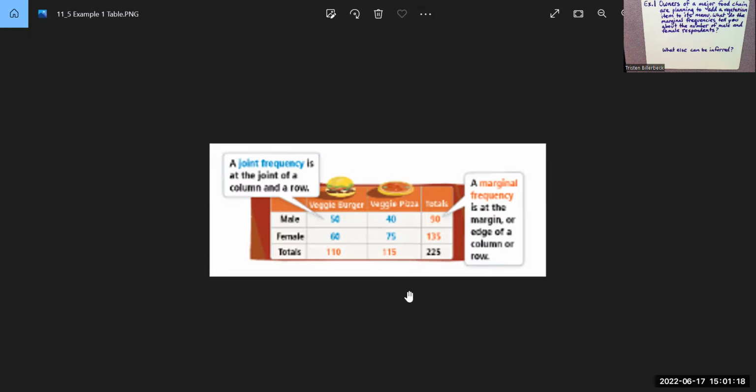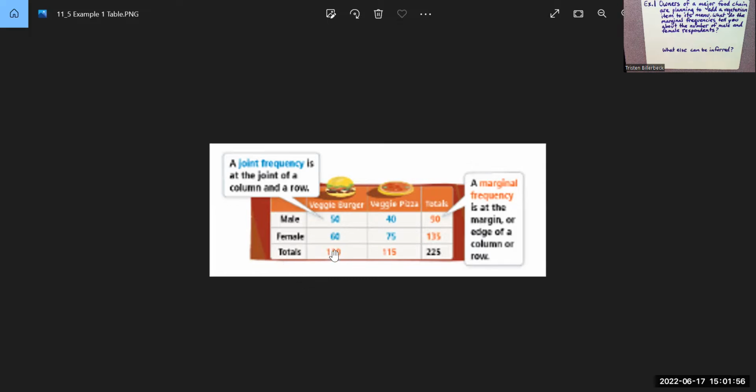So this tells us about the number of male and female respondents: we have 90 male respondents and 135 female respondents out of 225 respondents. So in this survey frequency chart, we see more women were surveyed than men, which is a little bit biased, so we should have done an equal amount of men and women.